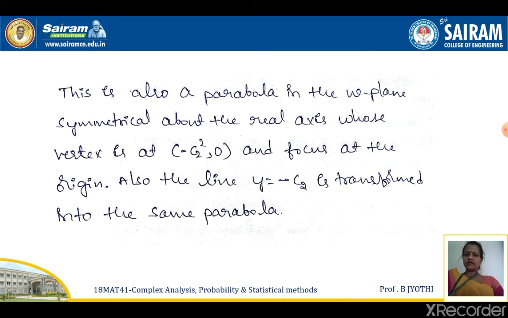This is also a parabola in the w plane, which is symmetrical about the real axis whose vertex is at (minus C2 squared, 0) and focus at the origin. Also, the line y equals minus C2 is transformed into the same parabola, just like when x is a constant.